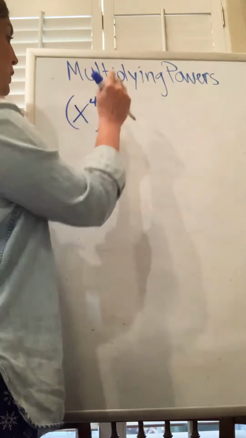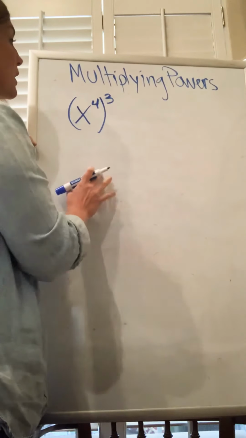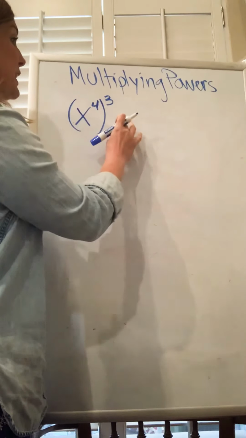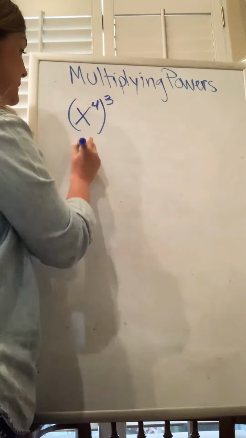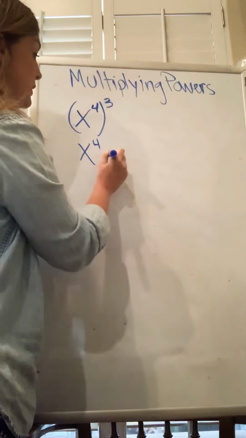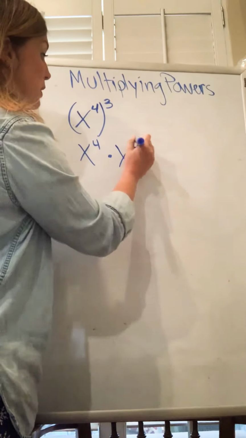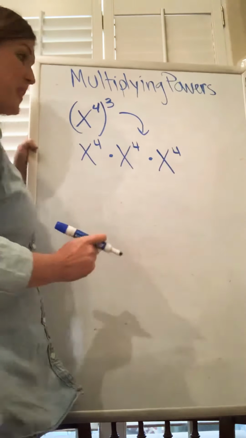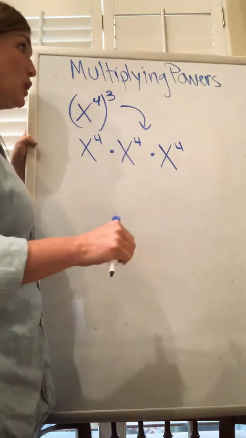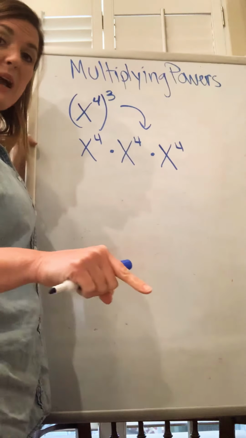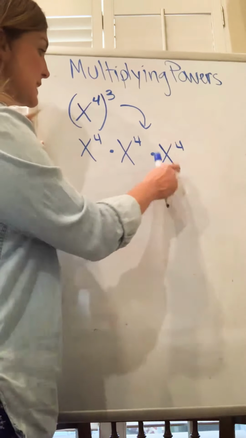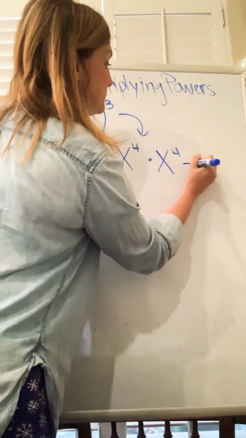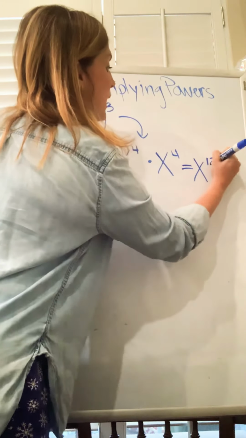That means that I'm taking x to the 4th and I'm doing it 3 times: x to the 4th times x to the 4th times x to the 4th. My rule for product of powers stays the same. If my base is the same, I add my exponents. 4 plus 4 plus 4 is 12, so x to the 12th.